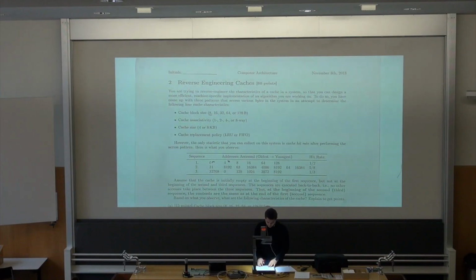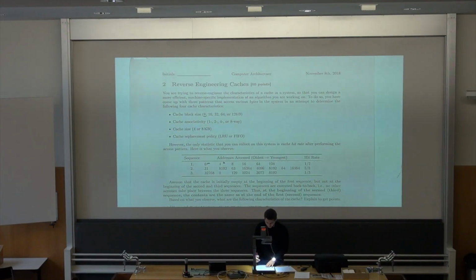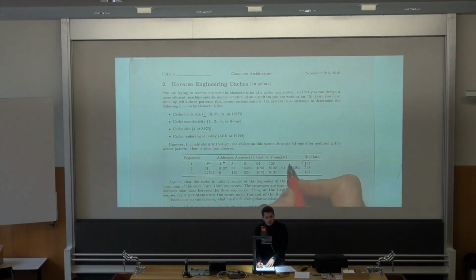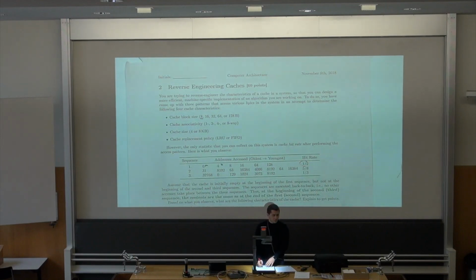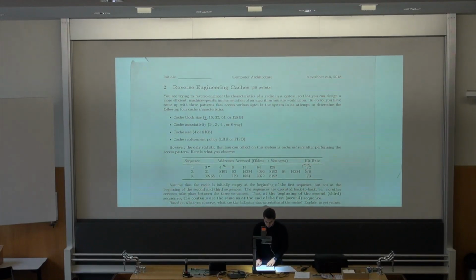So these are the addresses accessed from oldest to youngest, and then we are given the hit rates as well. And these are the sequences of these accesses. The important thing is that there are no other address accesses between each sequence. Basically, these are back-to-back.